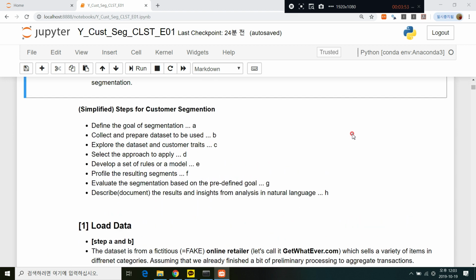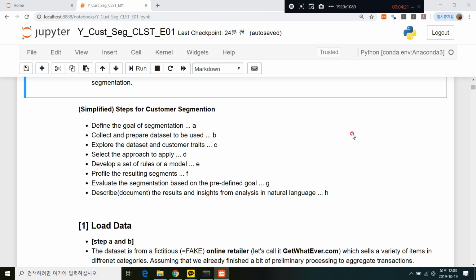Here is a very simplified version of the steps for customer segmentation. You have to first define the goal of segmentation, and then collect and prepare the data set to be used in this segmentation. Then you start to explore the data set, and understand the data set and the customers' traits as a group.